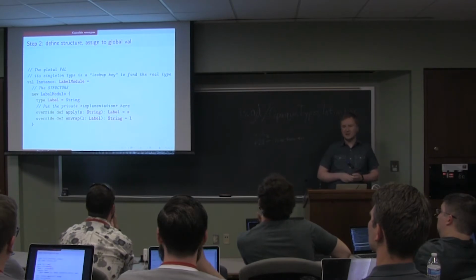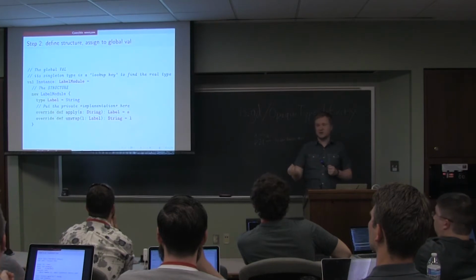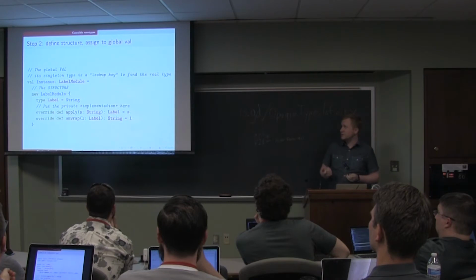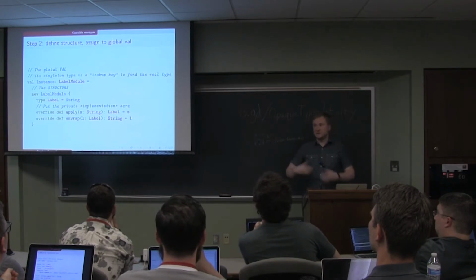This is the Val. You have a globally accessible Val, maybe it's within a companion object or something like that. And when you create your structure, you bind it to that Val, and you ascribe it with the name of the signature. So our signature was called label module. We use new label module to provide the structure, and then we assign that structure to a Val, which is ascribed with the signature name.